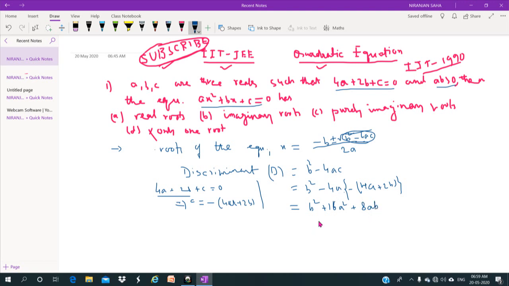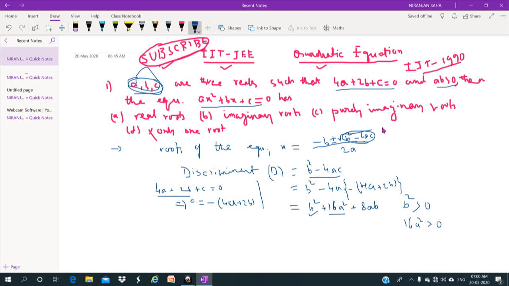Now here we have to decide whether b square minus 4ac is greater than 0, less than 0 or equal to 0. A, b, c are given real numbers, so b square must be greater than or equal to 0. 16a square must be greater than 0.